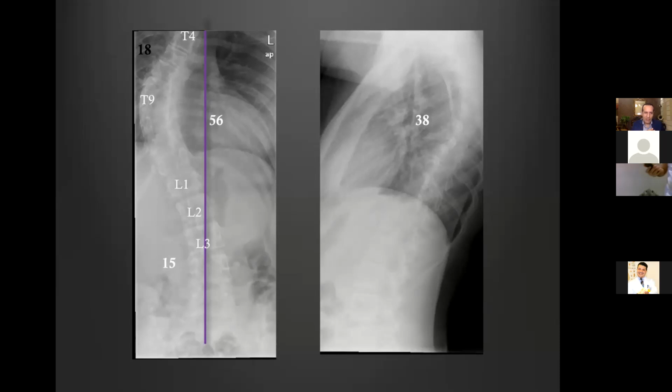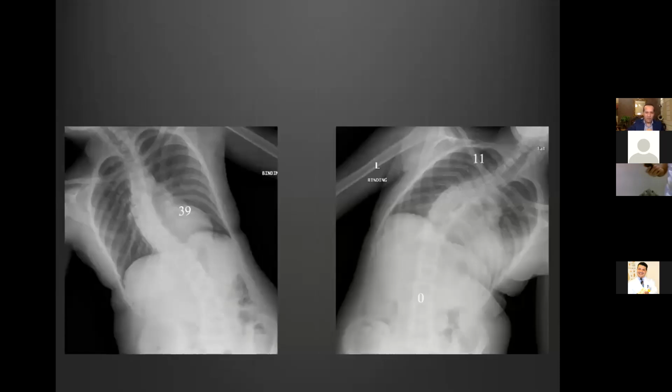Some surgeons will go to L2, some will go to L1, and we will see where we did our fusion. The proximal vertebra is usually one vertebra above the end vertebra of the curve.